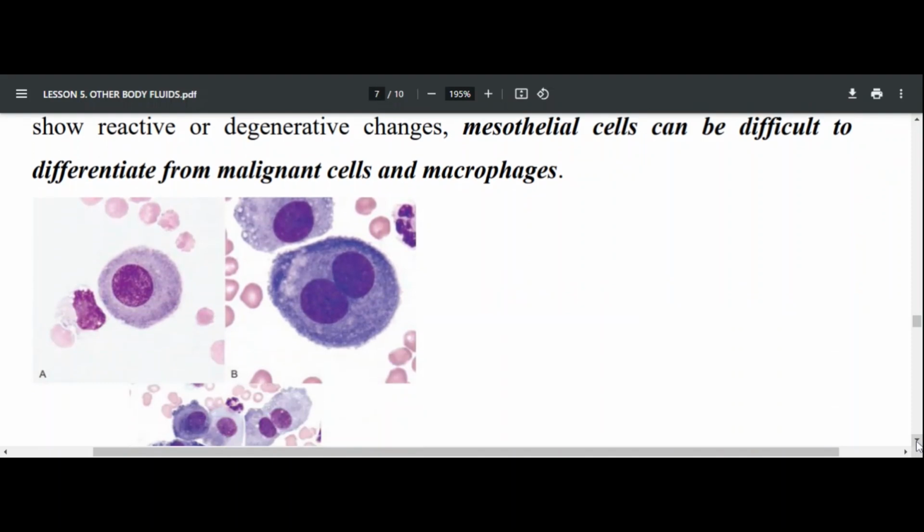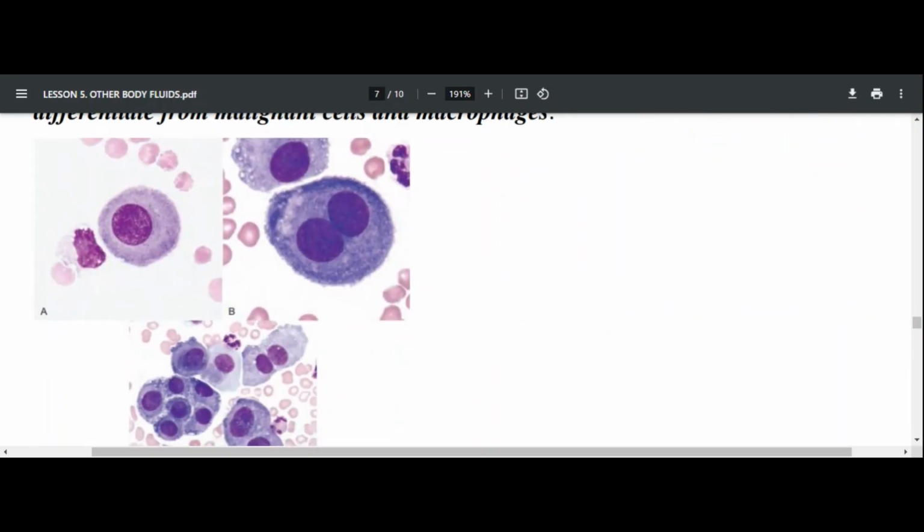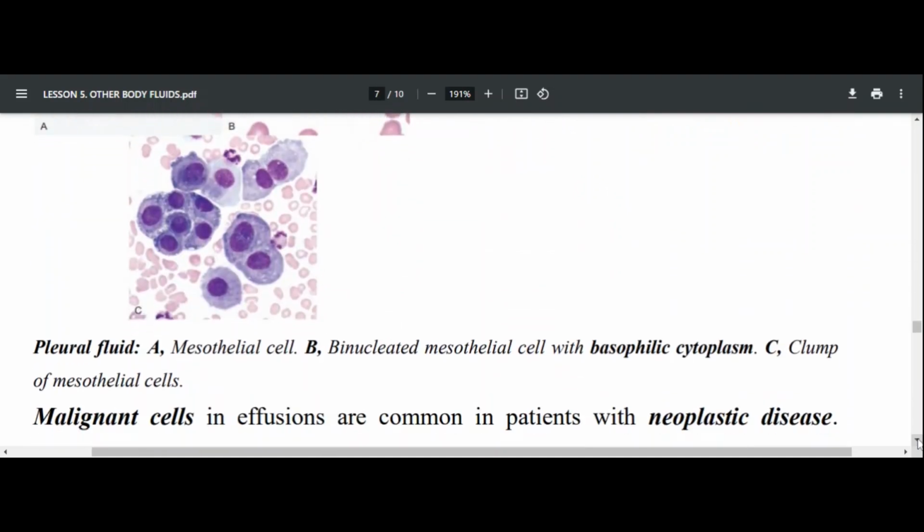So those are the macrophages, if the question was just about macrophages, but those are what you call mesothelial cells.